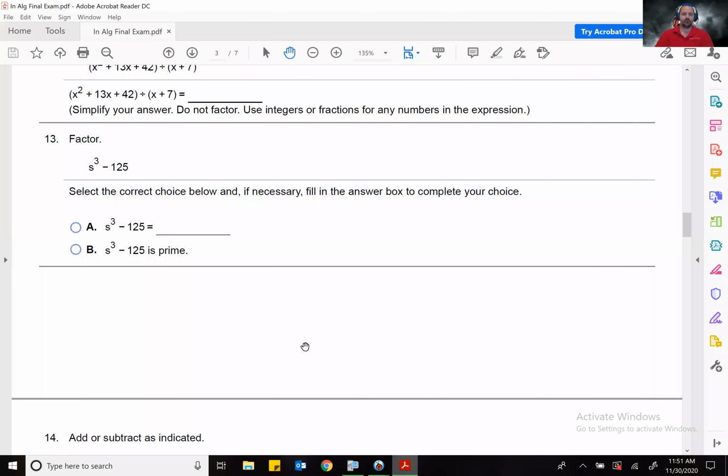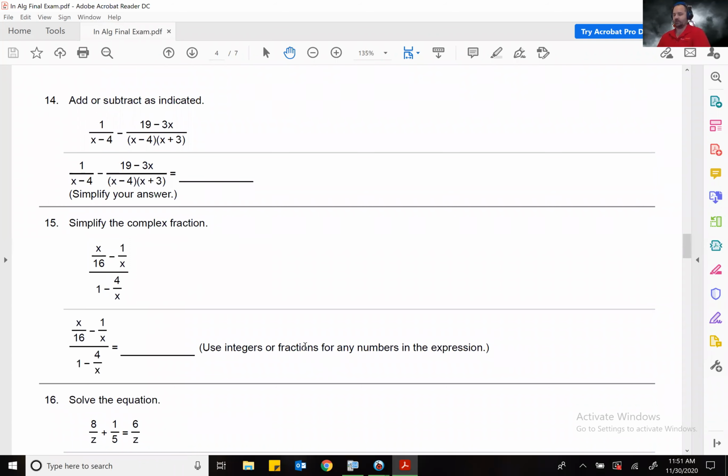So here we are adding or subtracting. So we got 1 over x minus 4 minus 19 minus 3x all over x minus 4, x plus 3. Okay.